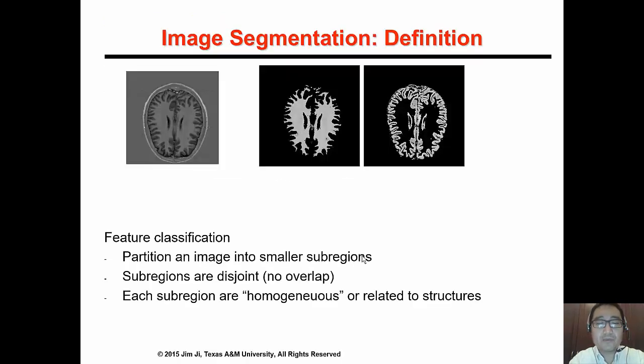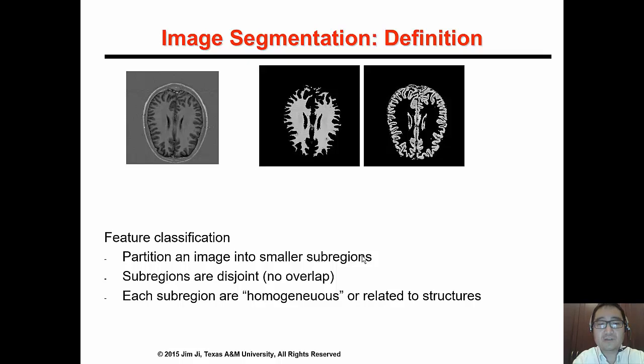So I'm going to move on to different specific topics. We'll start with image segmentation. Segmentation is to partition the image into subregions, as shown in this brain image segmentation example. I'm doing a very simple segmentation here.